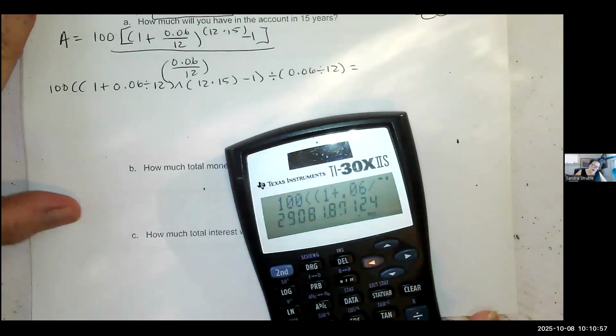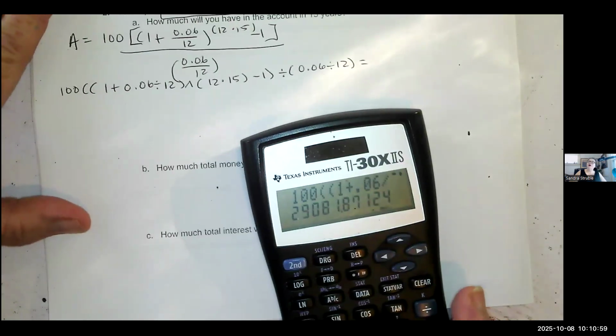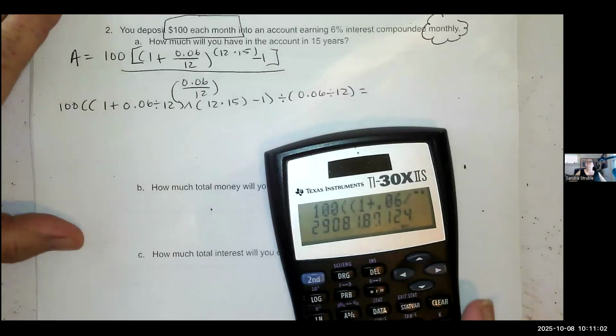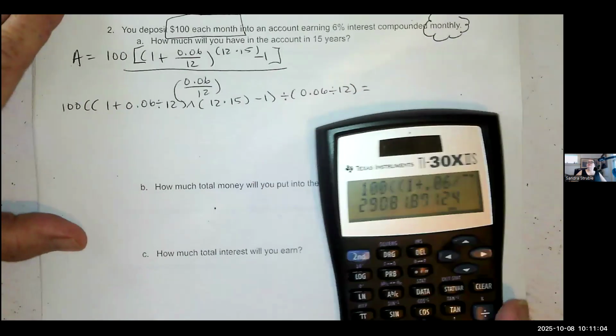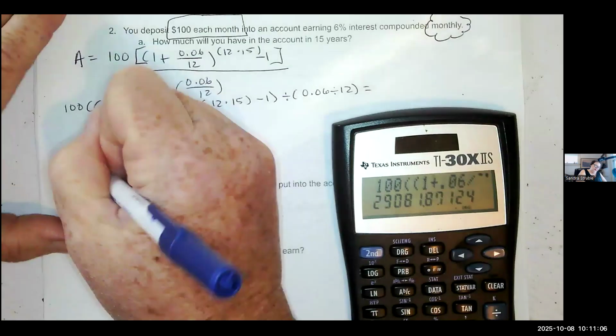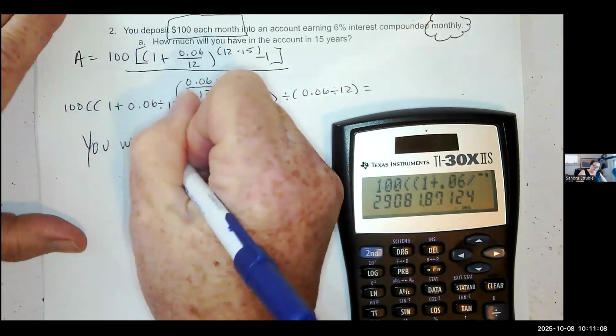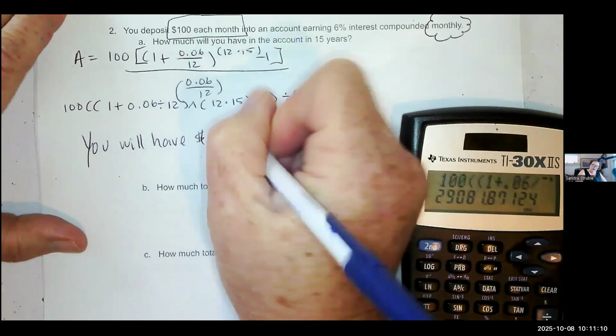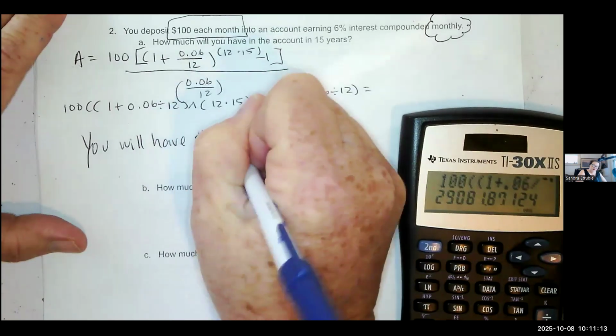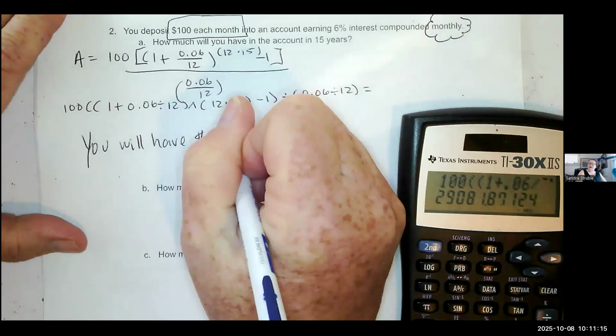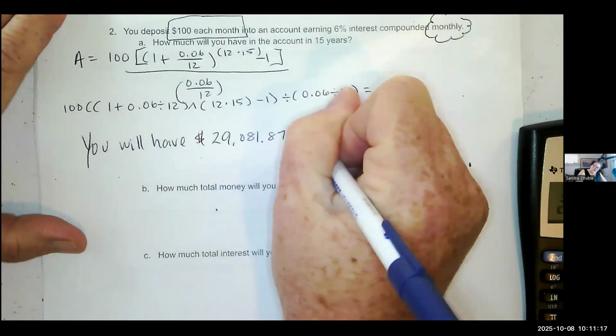And I got $29,081.87. So putting $100 into the account per month for 15 years has me ending up with this. So you will have $29,081.87 in 15 years.